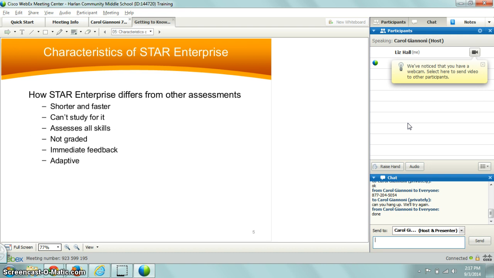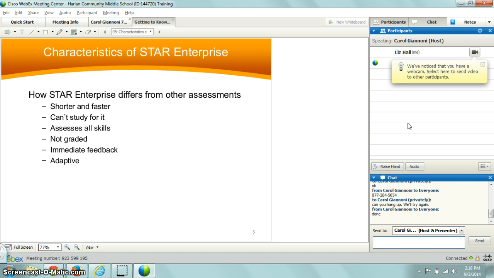So let's talk a little bit about some of the characteristics of the STAR. It's a shorter and faster test. As I stated, it's going to be 34 questions. The test itself is not timed. It takes about, on average, 15 to 20 minutes for the students to get through the test. The questions do have time limits on them, however.